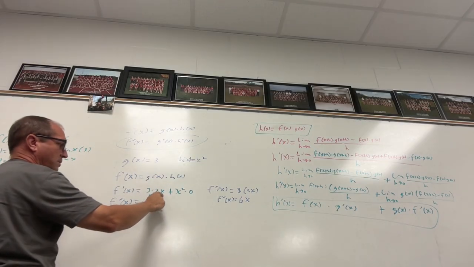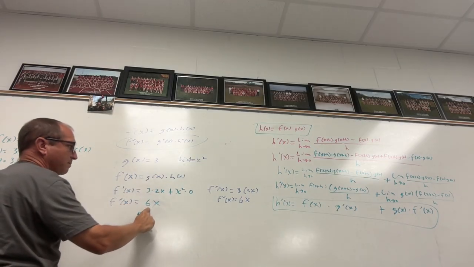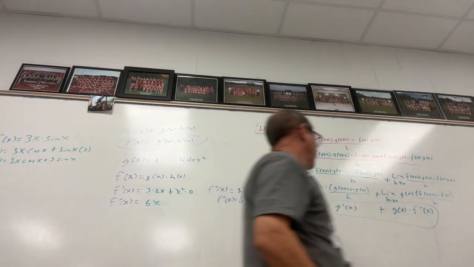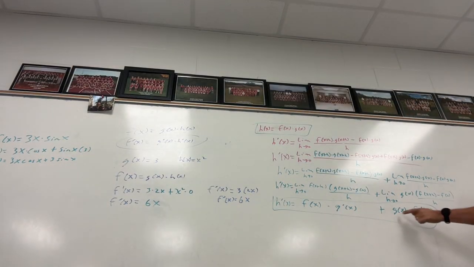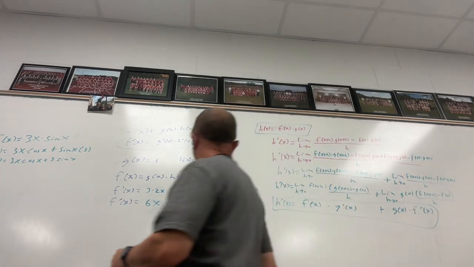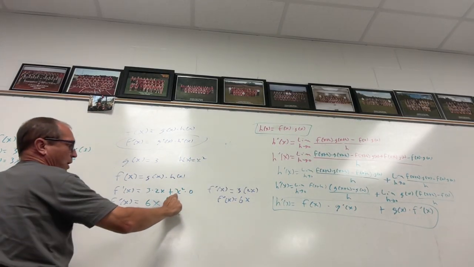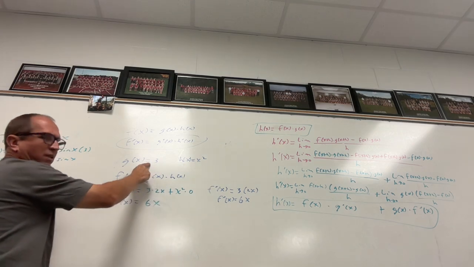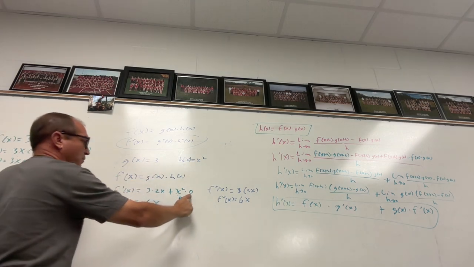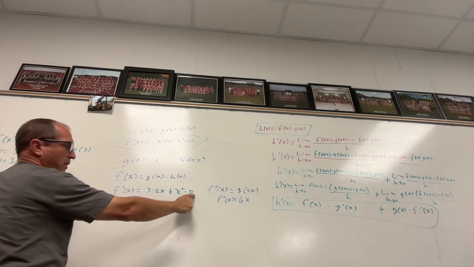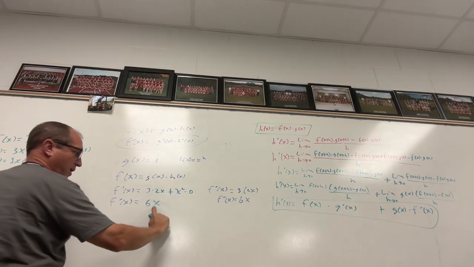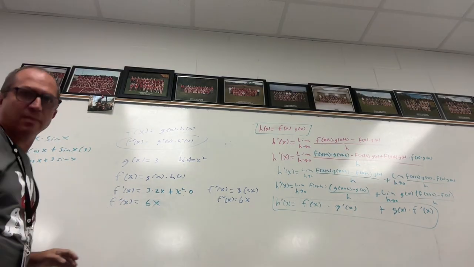So we get 3 times 2x, which would be 6x. And then the second term times the derivative of the first term. The second term is x squared, and the derivative of the first term is 0. So x squared times 0 is 0. So our final result here is 6x.